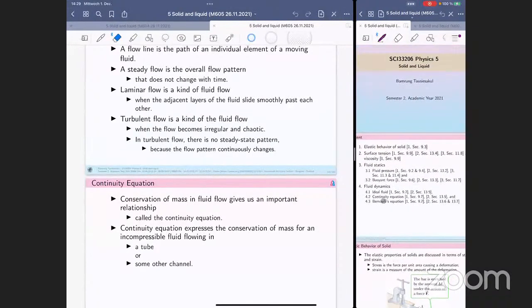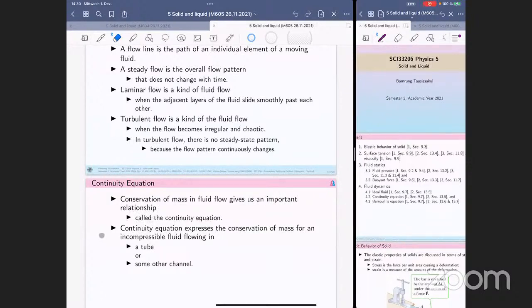Now we arrive at the second topic in this section. Okay, here, the continuity equation. The continuity equation talks about the conservation of mass in fluid flow, and the conservation of mass in fluid flow will give us an important relationship, and this relationship is called the continuity equation.